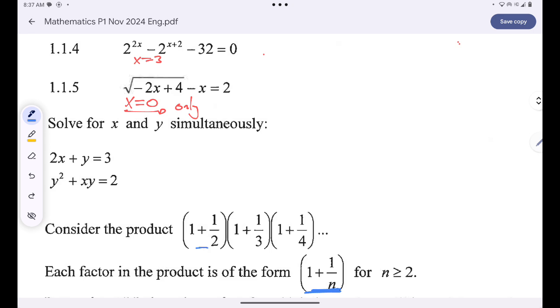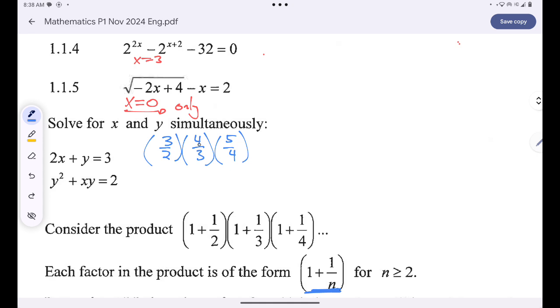Whenever you add these two numbers, guys, inside the fractions, you'll simply have 3 over 2, and then you'll also have 4 over 3, and then this will simply give you 5 over 4. Now, if you can check here, guys, always the numerator of the previous term will become the denominator of the following term.